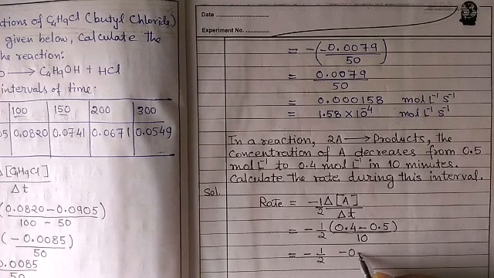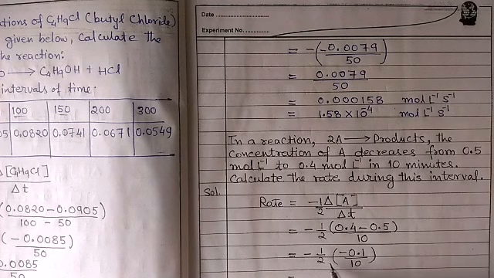which comes out to be minus 0.1. We have these values and we can rewrite this as: the negatives will cancel out, and 2 can be multiplied with this 10. Now it can be rewritten as 0.1 divided by 20. Is it clear?